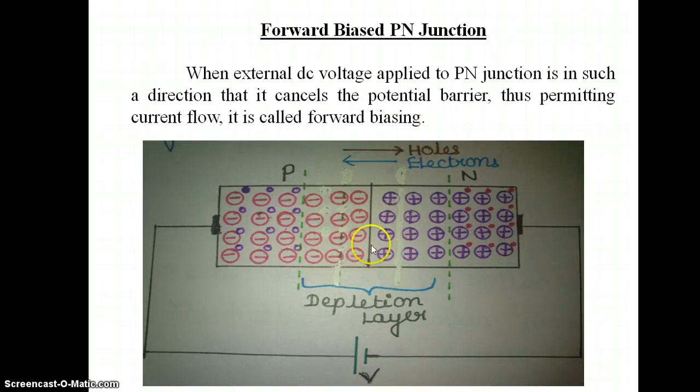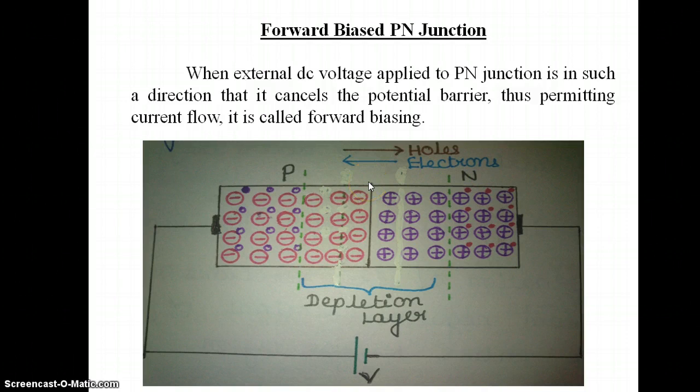By connecting the positive terminal to the P region, the holes are repelled by this positive terminal of the voltage source and are forced to move towards the junction. Likewise, in the N region, the electrons are repelled by the negative terminal of the voltage source and move towards the junction.